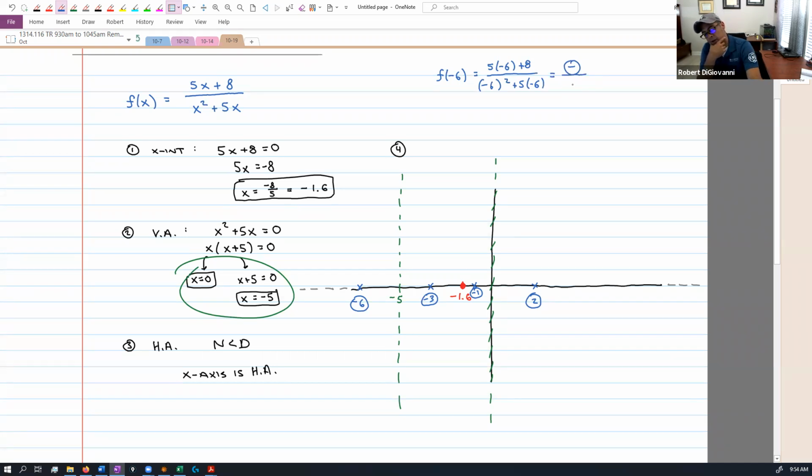And the bottom is also negative because I'm going to, no, sorry, the bottom is positive. It's 36, take away 30, so that's positive. So a negative over a positive is negative. And that means when I go to -6, I have a dot that's below the x-axis. Are we good? That makes sense, everyone?